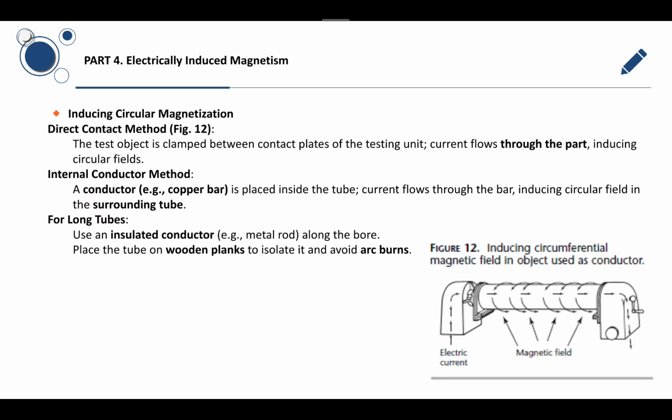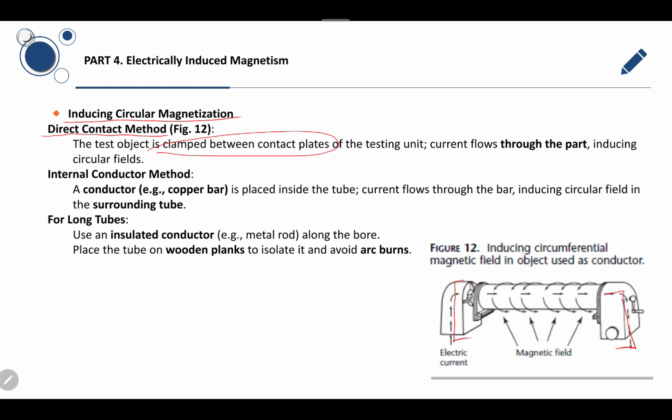We move to the next slide. Inducing circular magnetization. Now let's look at the common ways we apply current to create these circular fields. First one is the direct contact method. This is a straightforward approach where the test object is clamped between contact plates.